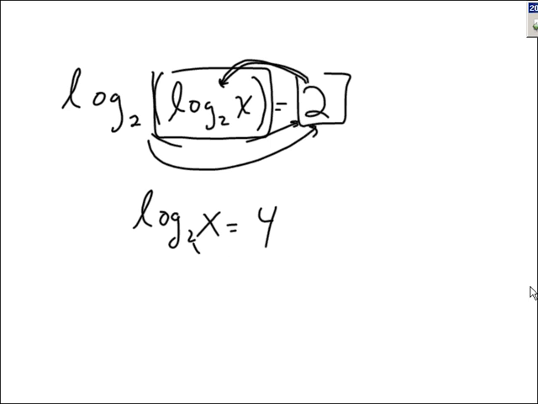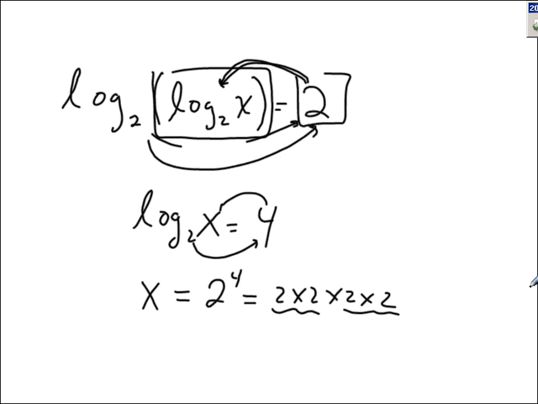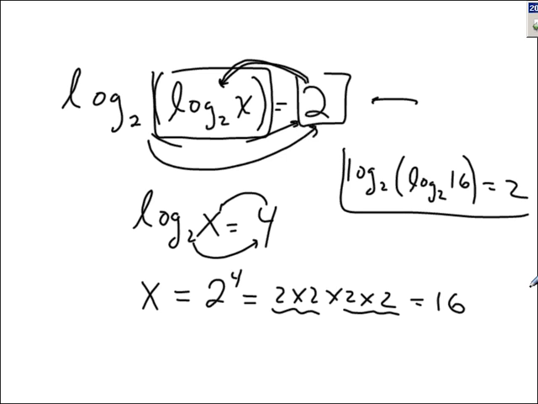Well, what's x? 2 to the 4th. Oh, that's x. 2 to the 4th is x, and 2 to the 4th happens to be 16. It's 4 times 4, 16. Okay, so log base 2 of 16 equals 2. I just rewrote the initial problem, except instead of x, I put our answer, 16.